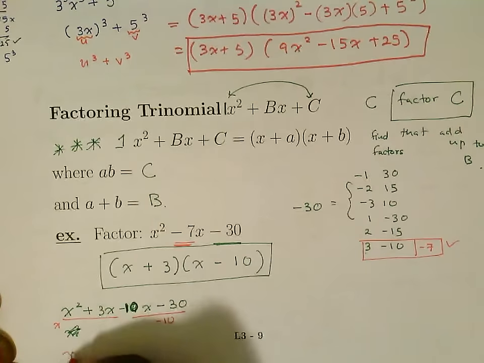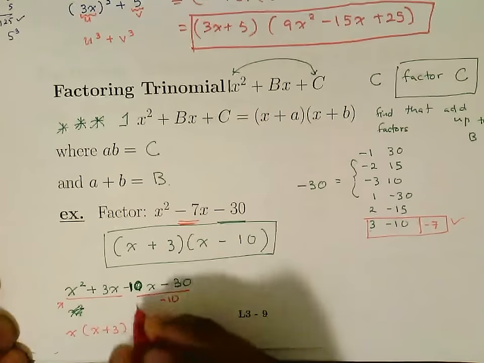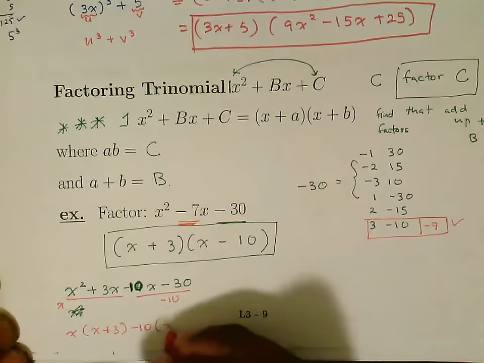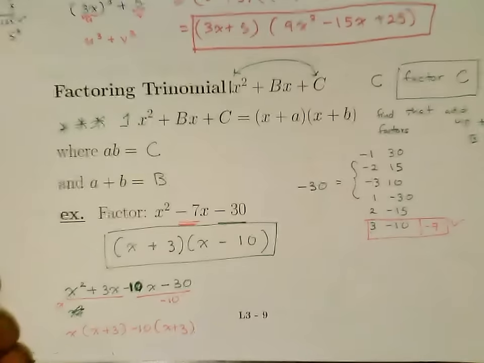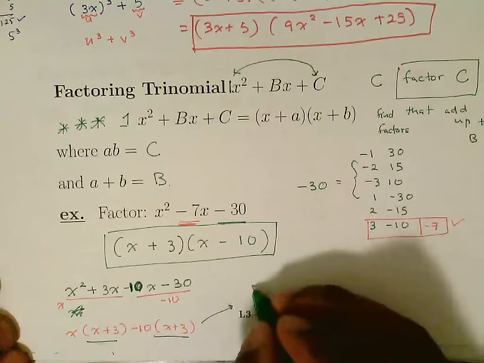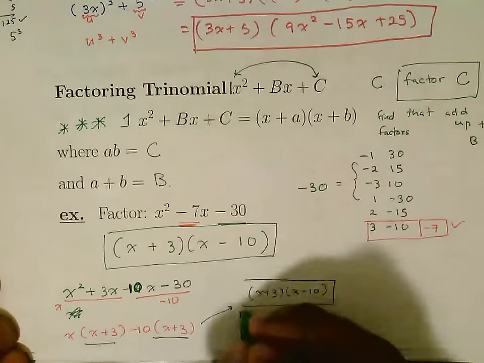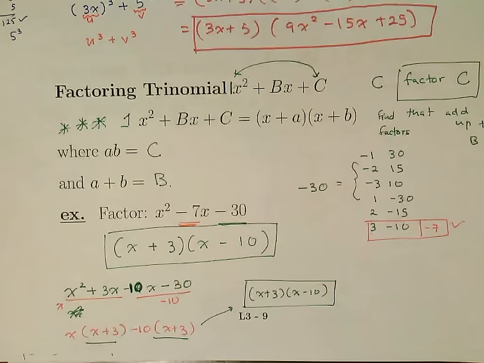So take out x, you get x plus 3, and you take out negative 10, you get x plus 3. So x plus 3 is a common factor. You end up with x plus 3 times x minus 10, and that's it. So either way you get the correct answer.